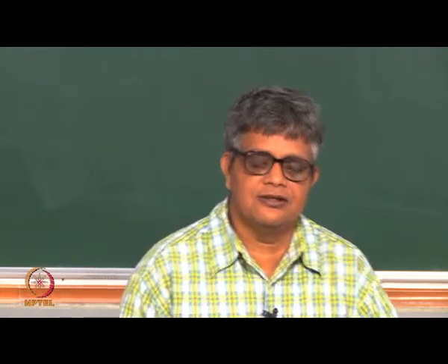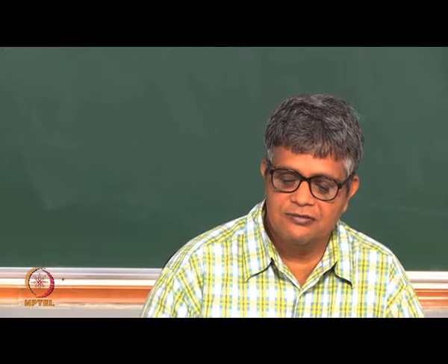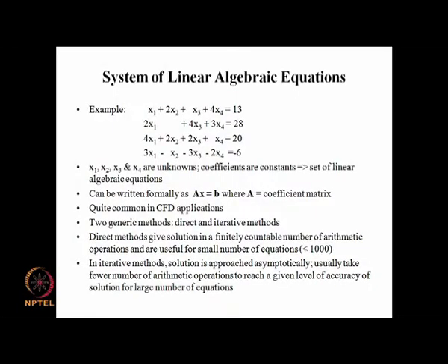So, we are distinguishing between arithmetic operations and general mathematical operations. Gradient operator is a mathematical operation, whereas in the computer solution of linear algebraic equations that we are looking at, we are looking at arithmetic operations, that is addition, subtraction, division and multiplication of real numbers.